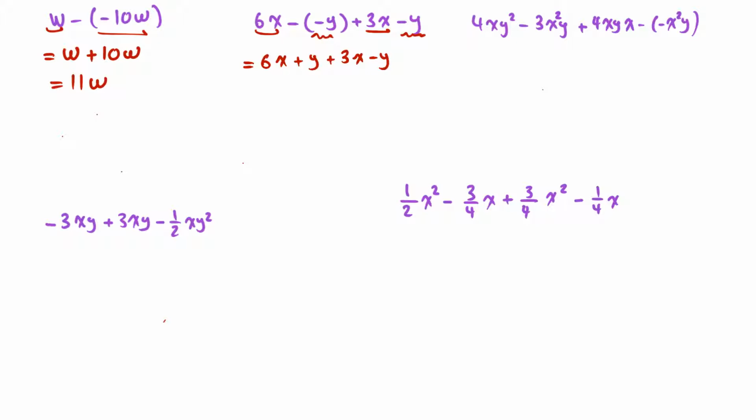Don't forget your equal signs. And then I get equals, bring like terms together. So 3x plus 6x plus 3x plus y minus y. And I have 6 apples plus 3 apples, giving me a total of 9 apples. And I have y minus y, so that's 1 orange minus 1 orange.